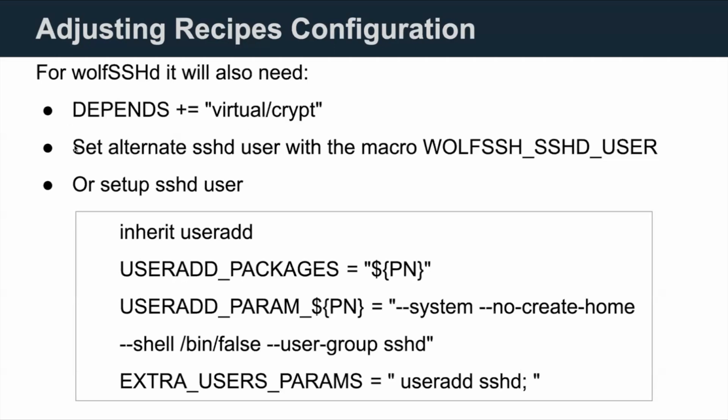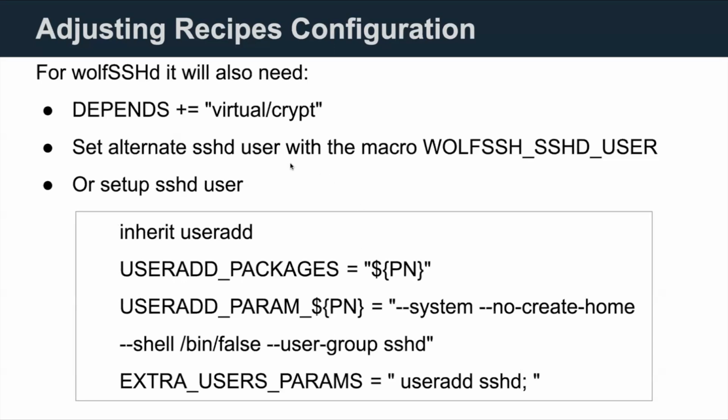And when most SSH daemons are running, they have a user that they're running as. One option is to set up an SSHD user. This would be a basic example of setting up the SSHD user when creating the Yocto build.